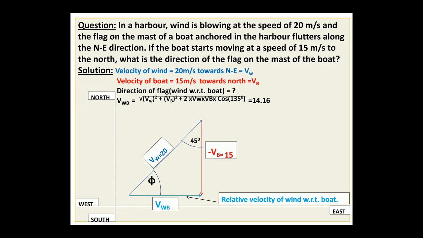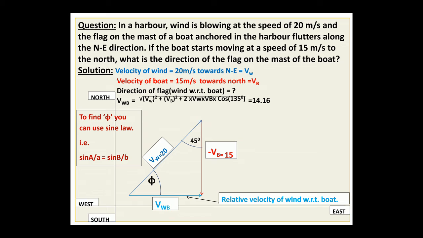You can simply conclude that the angle between VW and minus VB is 135. If you put the values of VW and VB in the above equation, you will get VWB equal to 14.16. So the magnitude of this resultant vector VWB is 14.16. Now we have its magnitude, so we will finally find phi.